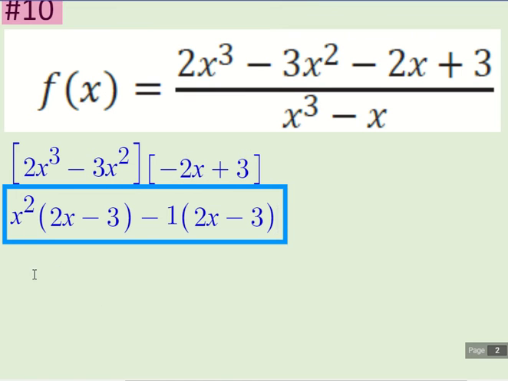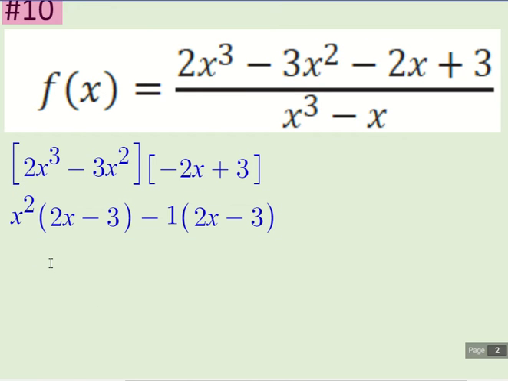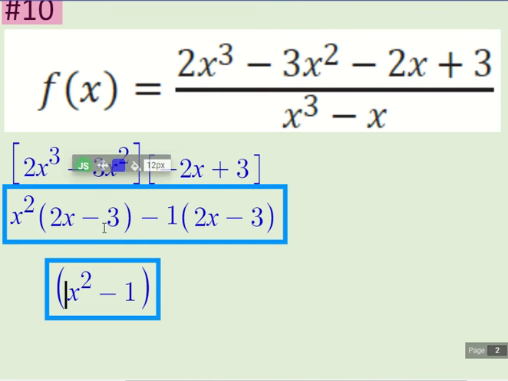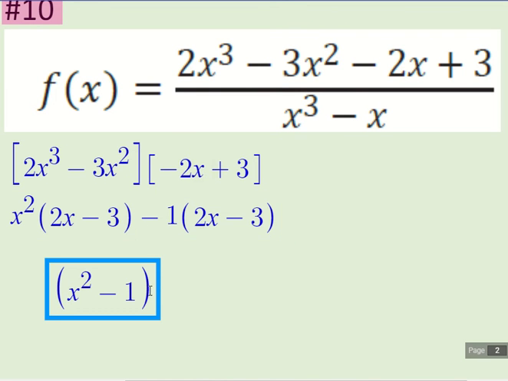So now, the grouping part, I take the x squared and put it with the negative 1. The other set of parentheses is what's already in parentheses, the 2x minus 3.